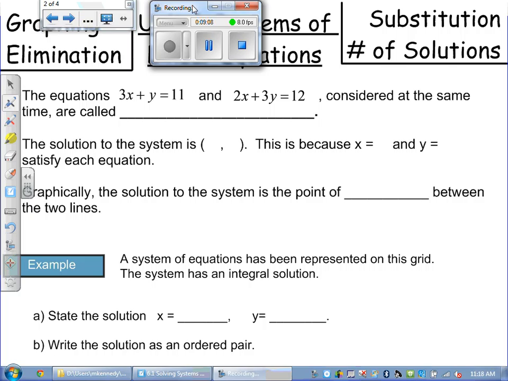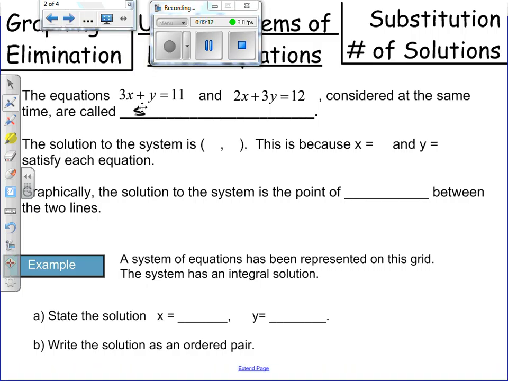So anytime you have multiple equations that you're considering at the same time, it's a system of equations. If I ever refer to a system of equations, it basically just means more than one equation that you're considering on a graph at the same time.